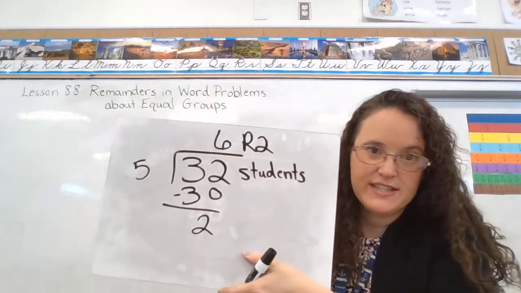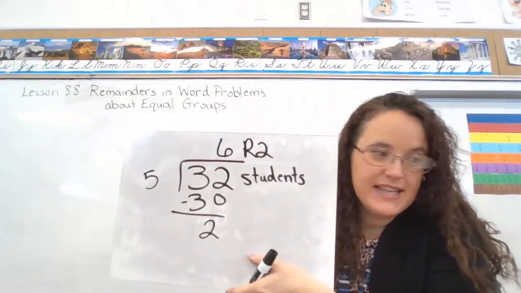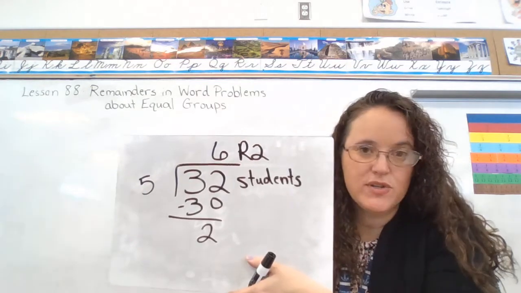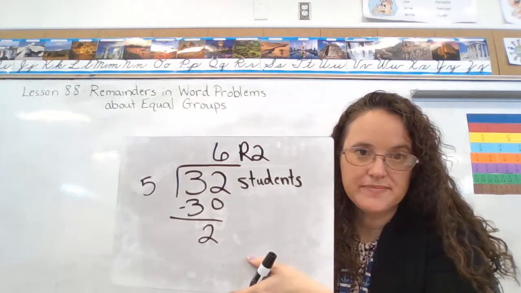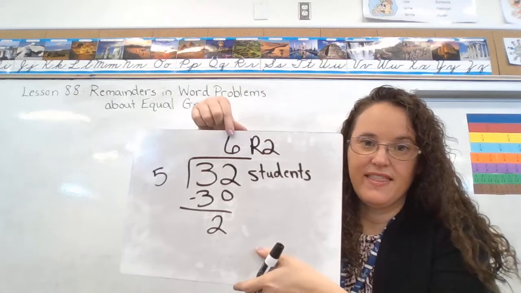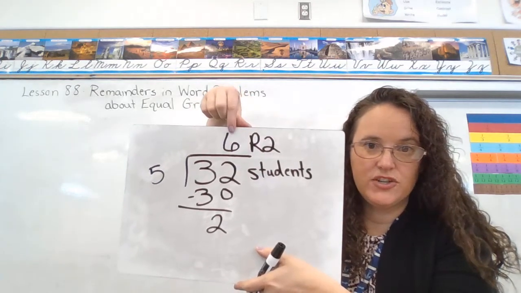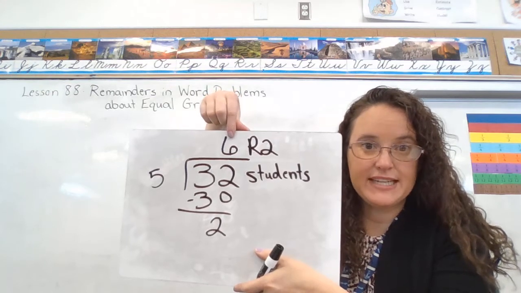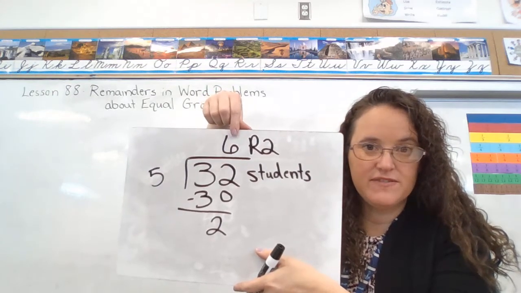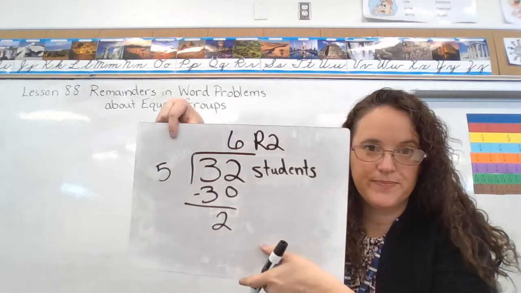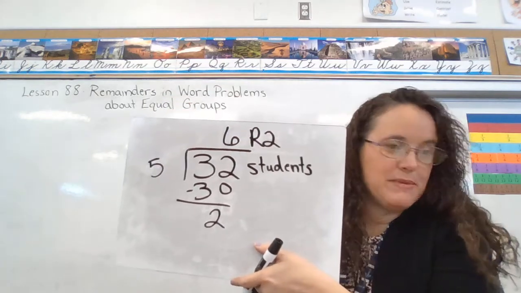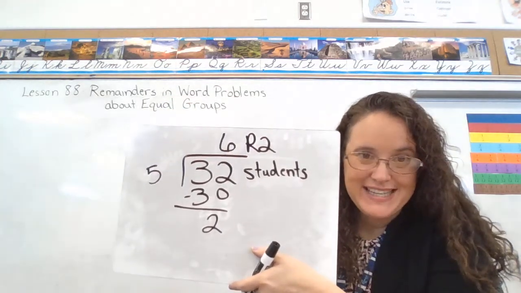Which of these numbers represents how many tables will be full? That's going to be your answer here, not the remainder, just your answer to the division problem. 6. We'll have 6 tables filled with 5 students each. Then it says how many tables will be needed.